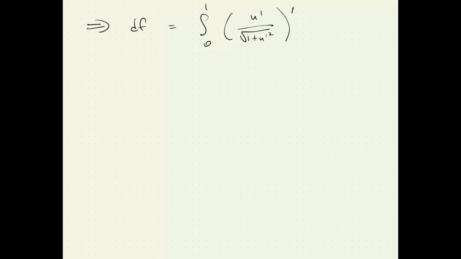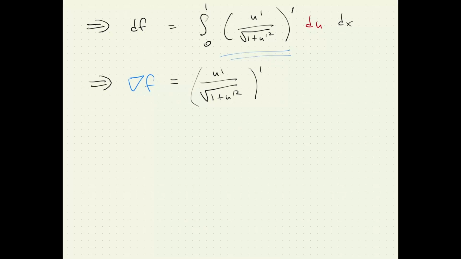So now df is just the integral from 0 to 1 of u primed over the square root of 1 plus u primed squared, primed, times du dx. So our gradient is just this thing here. It's the thing we're taking the dot product of du with to get the solution. So it's just u primed over the square root of 1 plus u primed squared, primed.